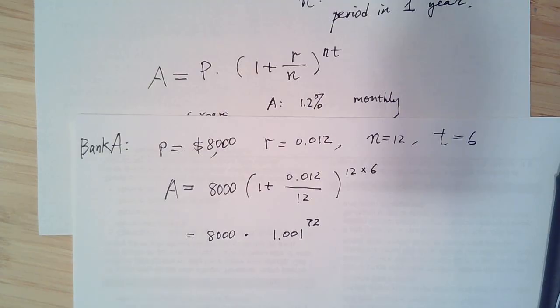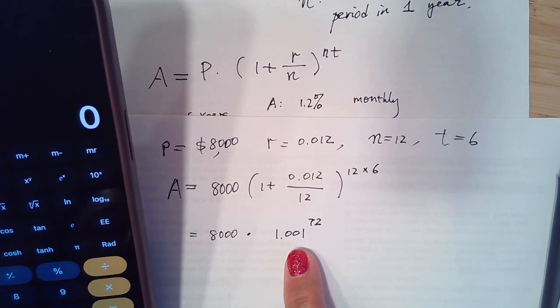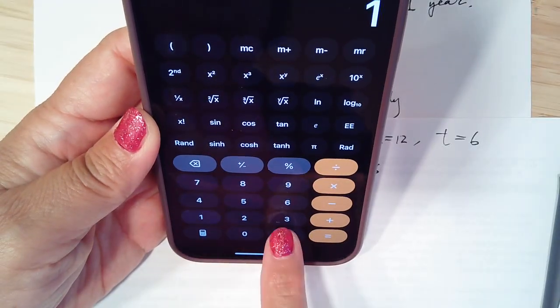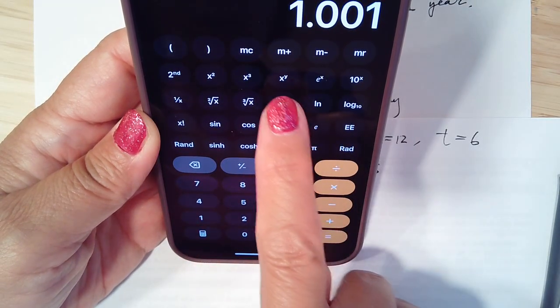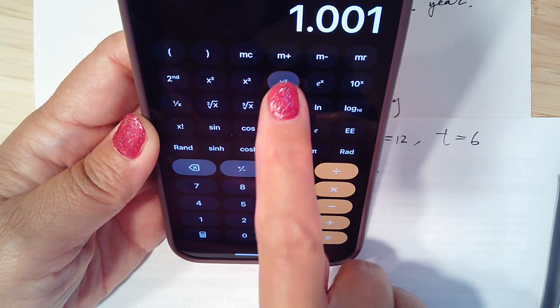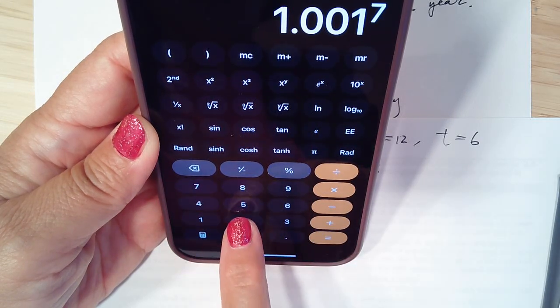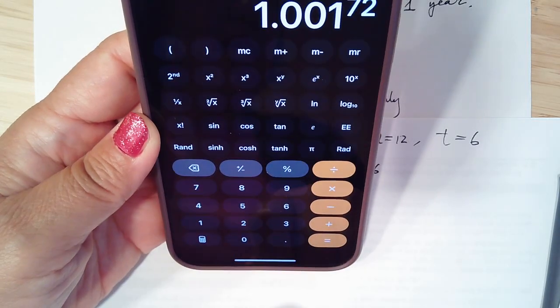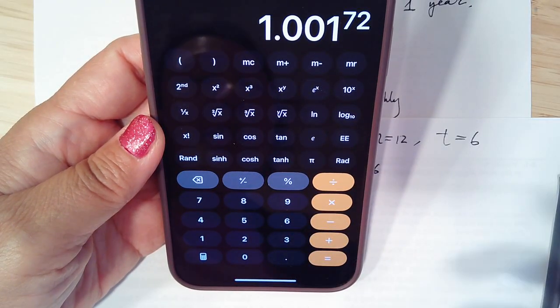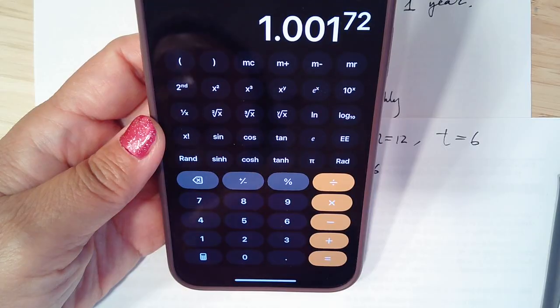So when you use your calculator, you need to know how to find 1.001 to the 72 power. Let me show you how to do that in the calculator, because I think some of you might not know it. Type 1.001, then click the x to the y power key, and then 72. On the iPhone, when they updated the system, the calculator got updated too.